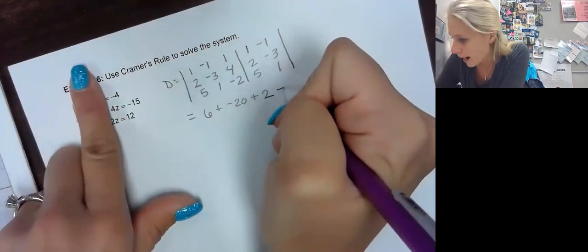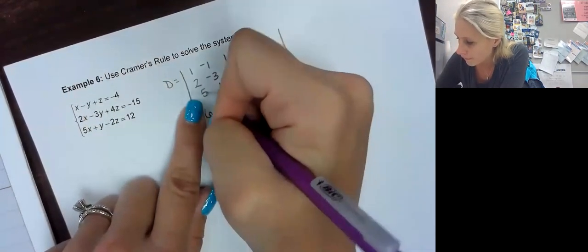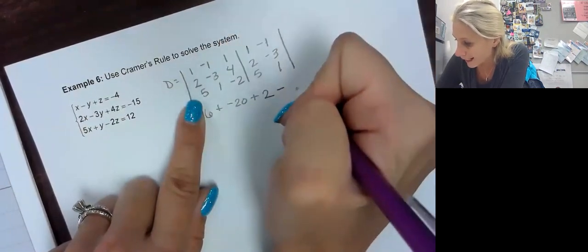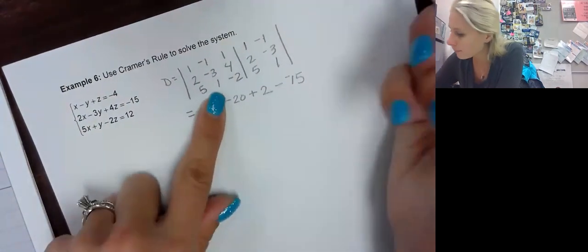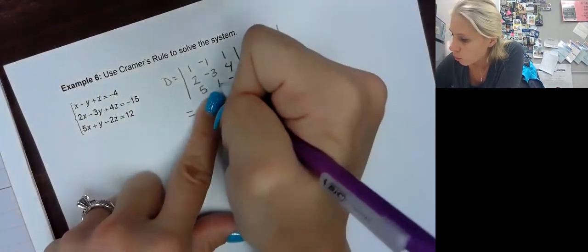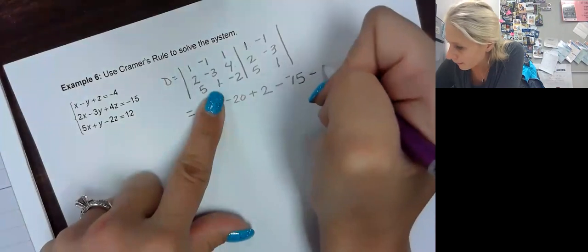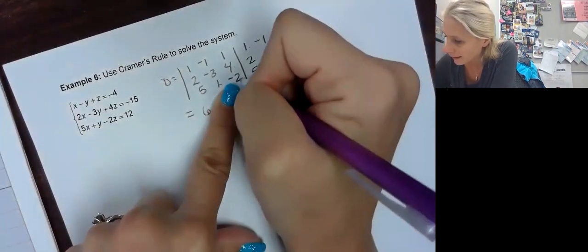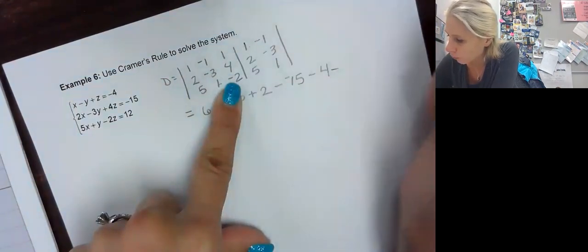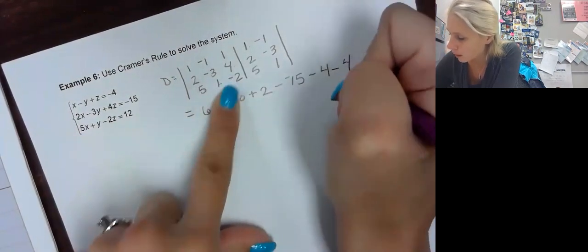Now I'm going to subtract. I'm going to go down and up. 5 times -3 is -15 times 1. Minus 1 times 4 times 1 is 4. Minus -2 times 2 times -1 is a +4.